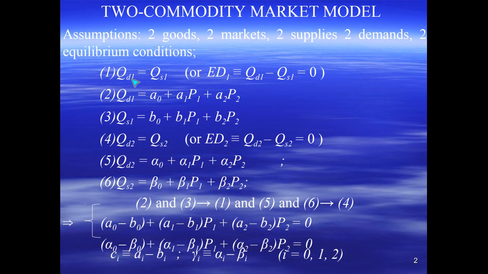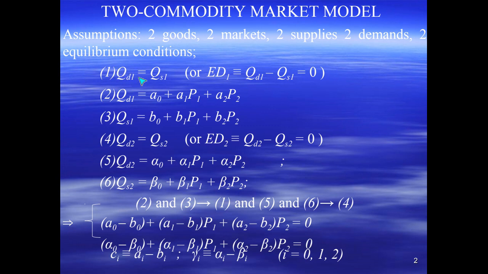The first equation is QDi equals QSi, or alternatively, excess demand 1, QD1 equals QS1, is the first equation, the equilibrium condition of the first market, which means the first good.